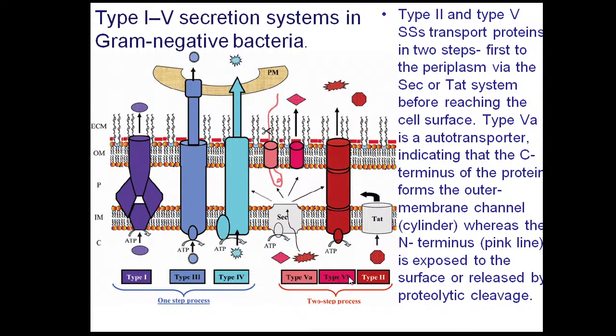Type 5A is an autotransporter, indicating that the C terminus of the protein forms the outer membrane channel cylinder, whereas the N-terminal portion, which is pink, is exposed to the surface and released by proteolytic cleavage.